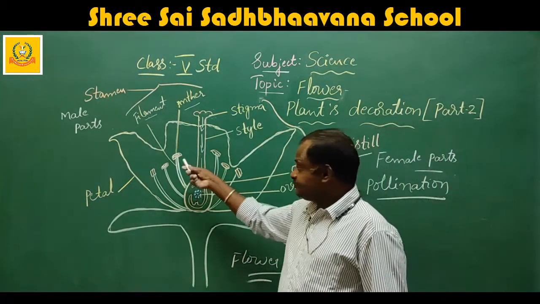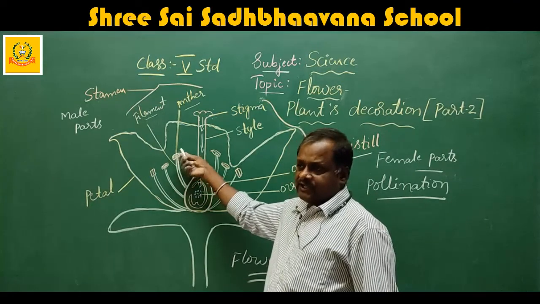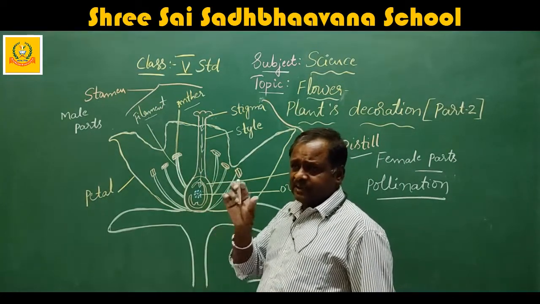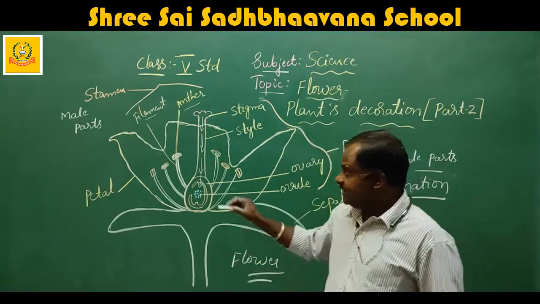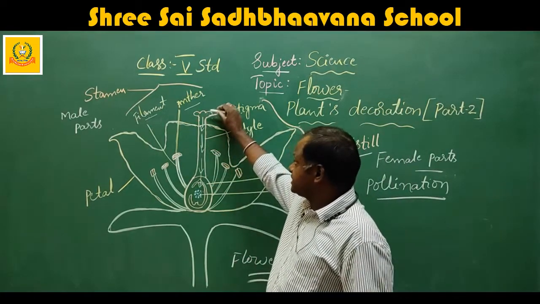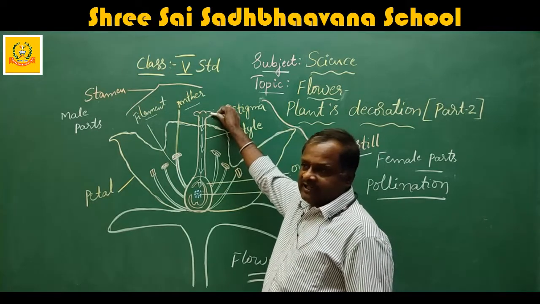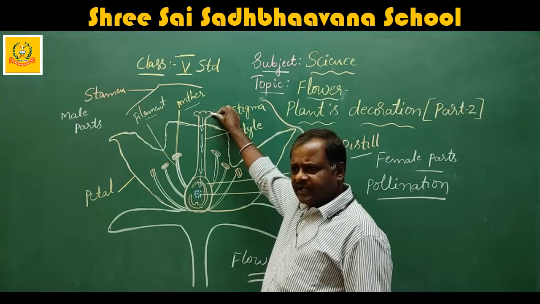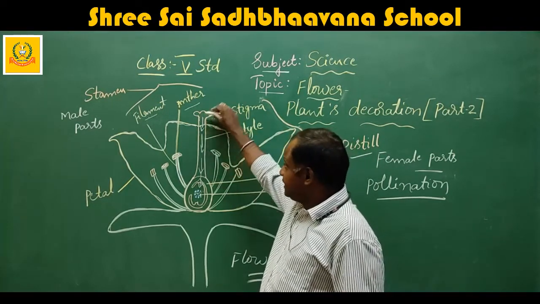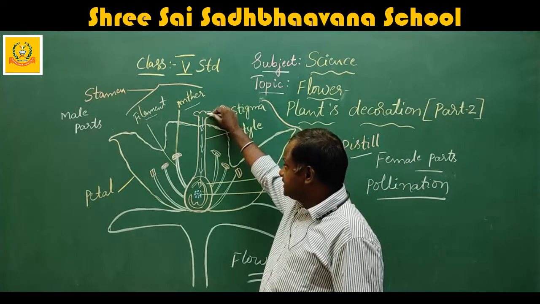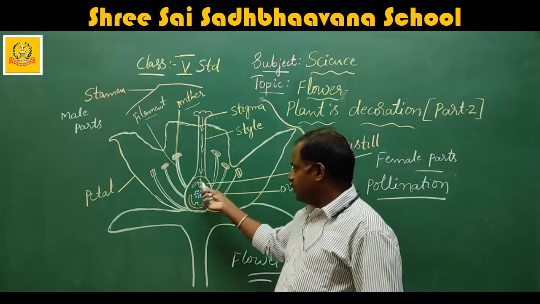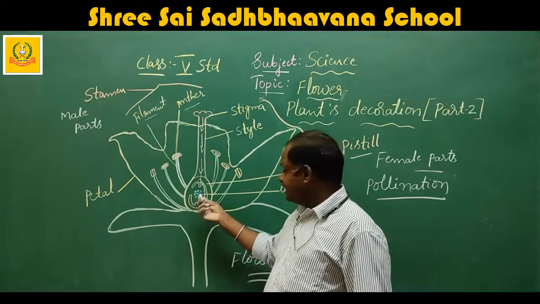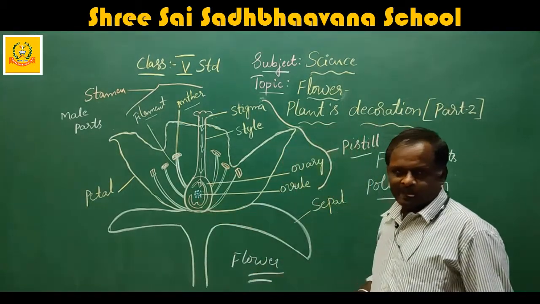That means the pollen is attached to the legs or body of the pollinators, that is insects, bats or anything. When it comes in contact with this stigma, that butterfly or bat or bee or anything, that pollen once again sticks to this and travels through this style and meets the ovary and forms the eggs or the seeds.